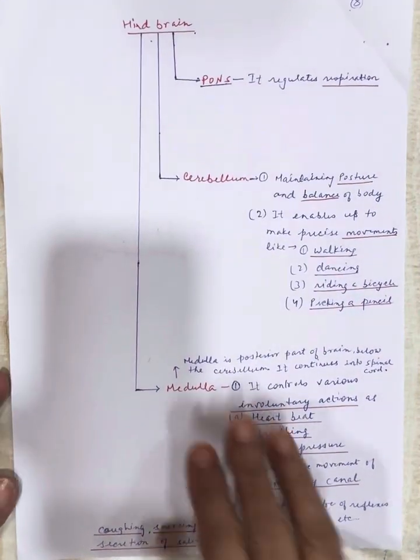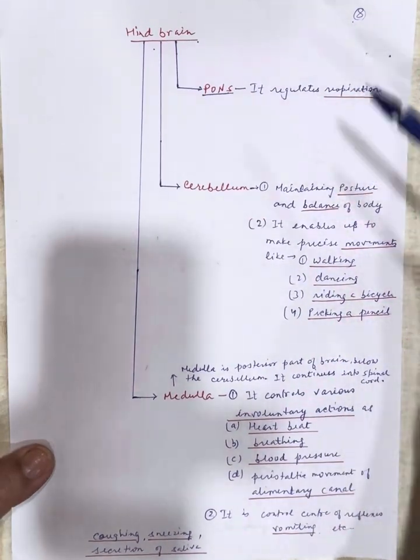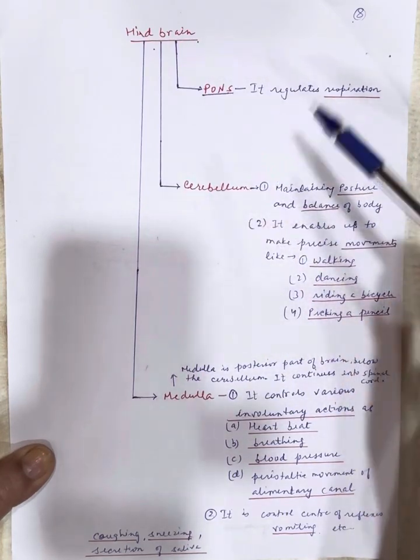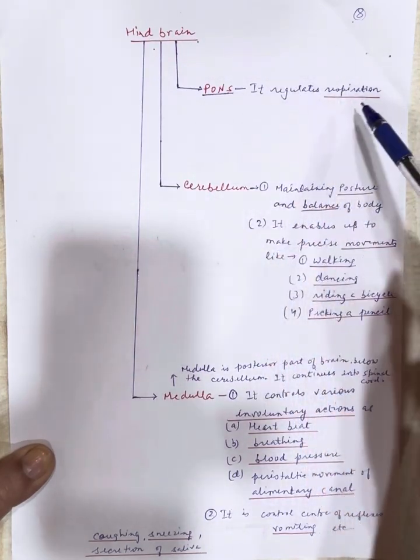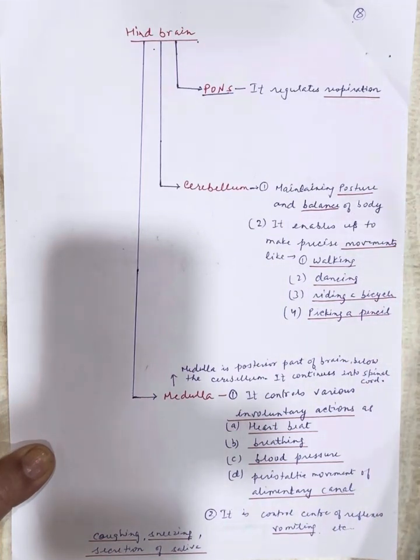Next is our hindbrain. The hindbrain consists of the pons, cerebellum and medulla, and the pons regulates respiration, that is, the cellular respiration that produces energy with the help of food and oxygen.